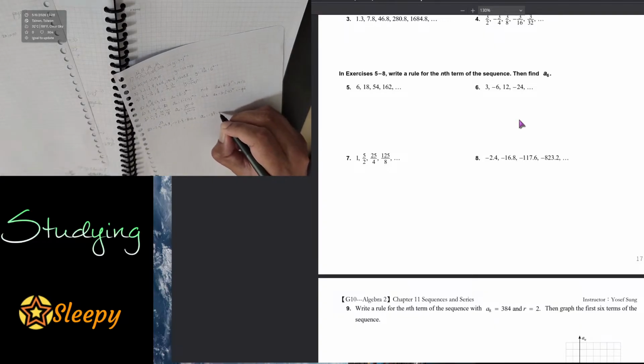Oh, I forgot a_6, so the previous one, a_6 is 5 to the power of 5 divided by 2 to the power of 5. 2 to the power of 5 is 32. 5 to the power of 5 is 25, 125, 625, 3,125, and 15,625.